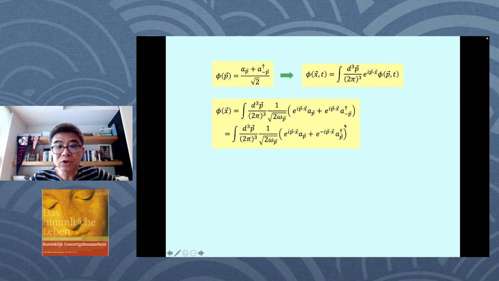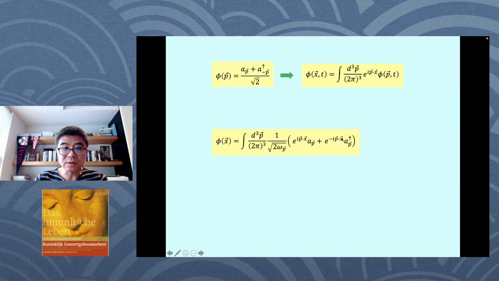And you can redefine the momentum as minus p. However, p runs through all the possible values. Therefore, you can change the sign of the second term to exponential minus i p x, and this will become a_p.